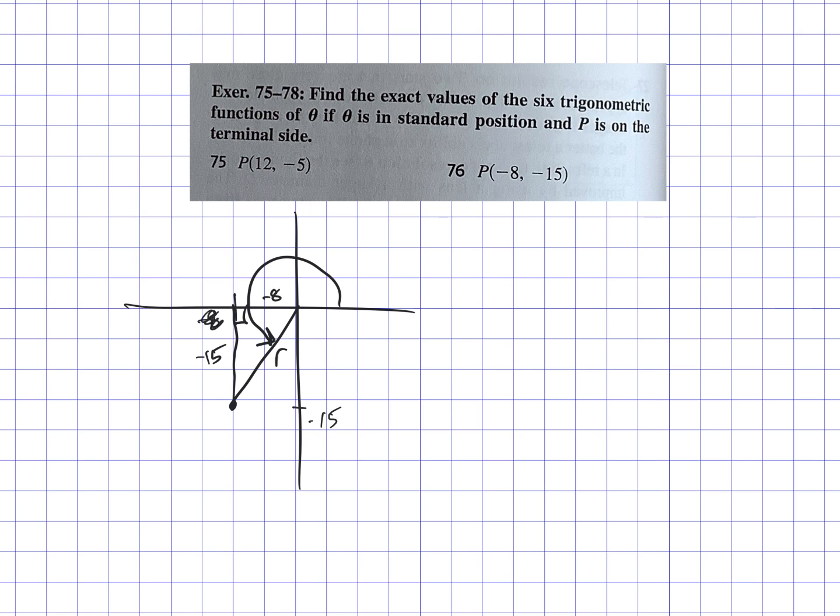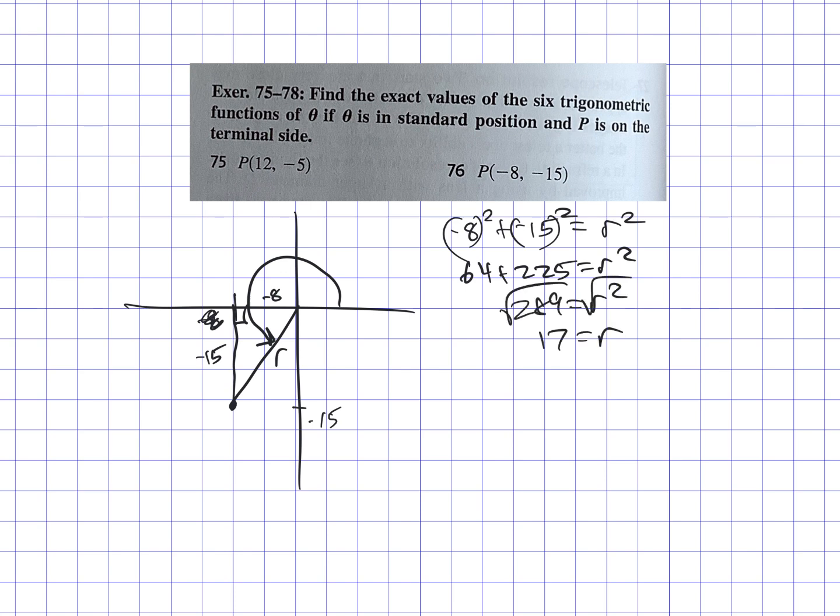Negative 8 squared plus negative 15 squared equals R squared. So 64 plus 225 equals R squared. That's 289, and the square root of that is 17. The radius is always 17, not negative 17. Radius is always positive.